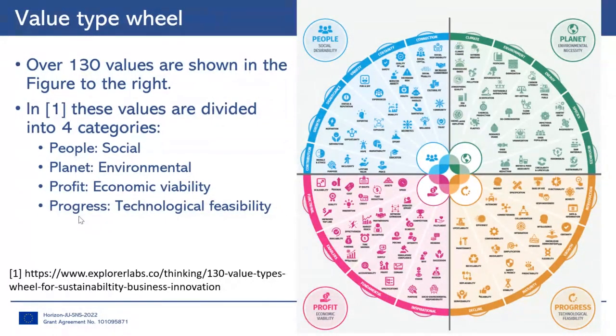These values could be categorized: value related to people, like social value, or environmental value related to the planet, some value related to the technology and progress of the technology, and there are as well some value related to the economy and profit generation. Next slide, please.